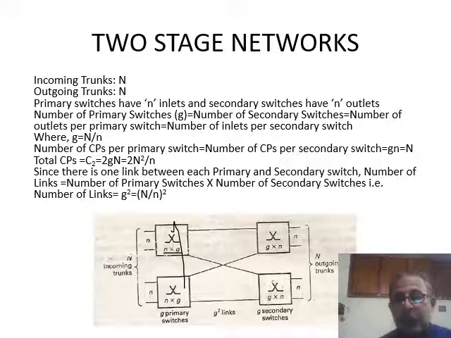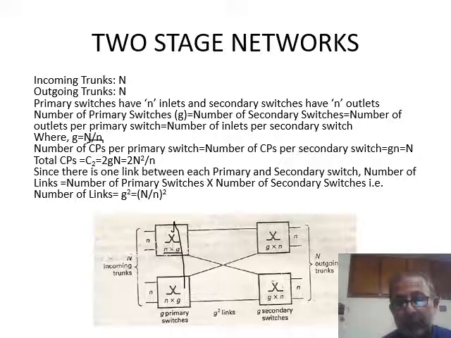Since there is one link between each primary and secondary switch, the number of links is equal to the number of primary switches multiplied by the number of secondary switches. The number of primary switches is G, the number of secondary switches is G. When we multiply both of these, we get G square. And what is G? G is equal to capital N over small n.